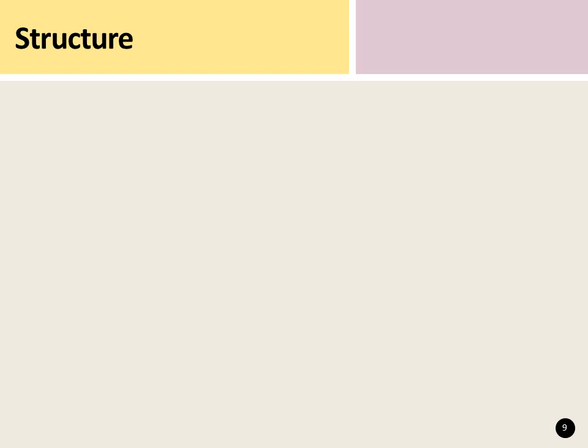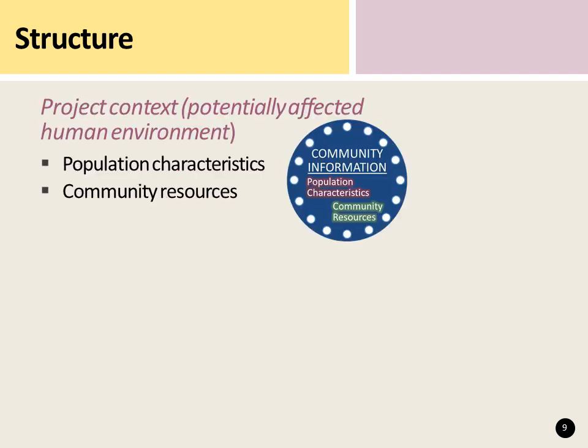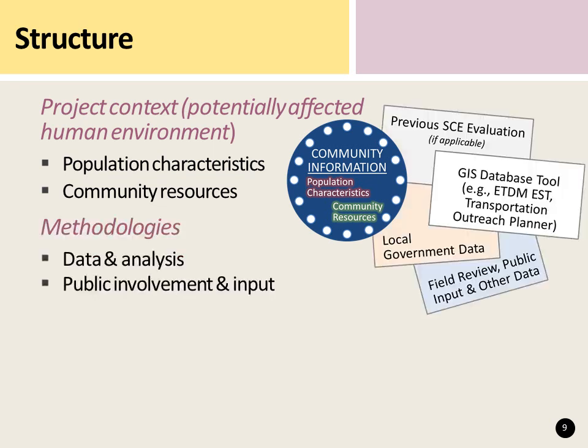The format and sequence of SCE evaluation documentation will also vary depending on the project phase and potential for effects. Generally, start out by describing the project context, that is, the potentially affected human environment. Include information about the data and analysis used, as well as about people who were involved, how they were involved, and what they had to say.